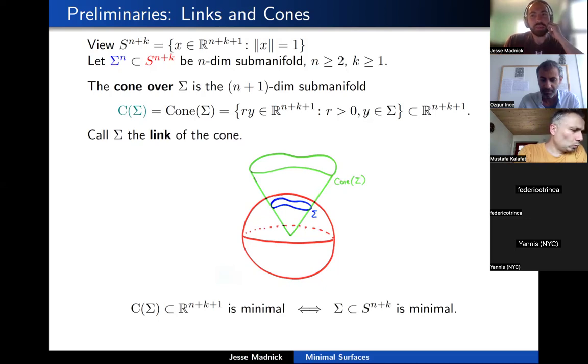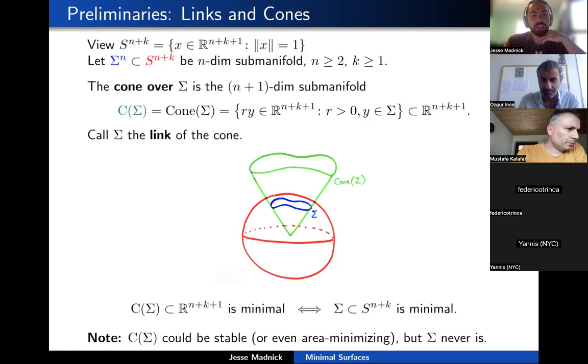So it is in this sense that minimal submanifolds of spheres model conical singularities of minimal submanifolds in Euclidean space. I must emphasize that the cone could be stable. The cone could even be area minimizing. That will be the focus of this talk, but the link never is. The link is never stable, the link is never area minimizing, but the cone may or may not be.